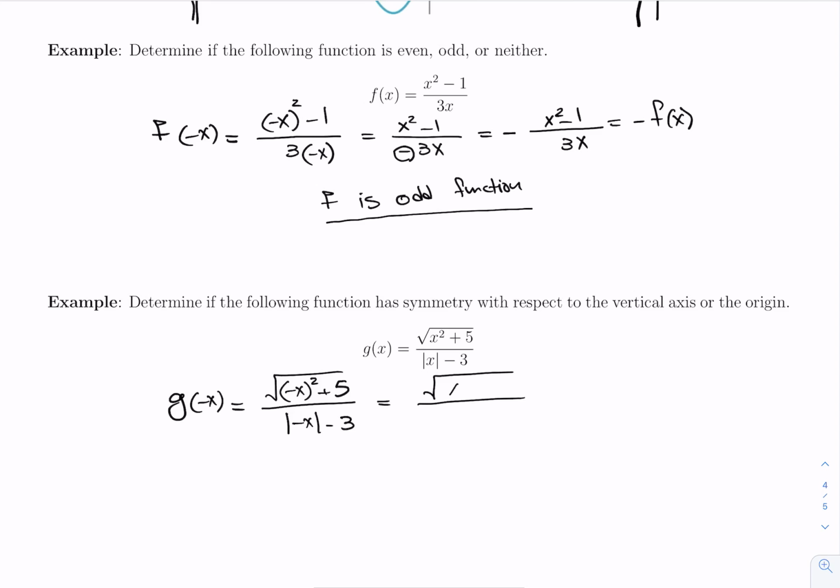Negative x squared is the same as x squared. Absolute value of negative x is the same as absolute value of x. No change. This is equal to g of x, which means this is an even function. An even function has symmetry with respect to the vertical axis, or the y-axis.